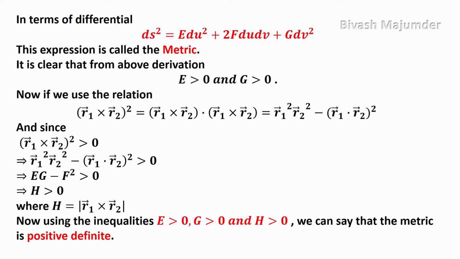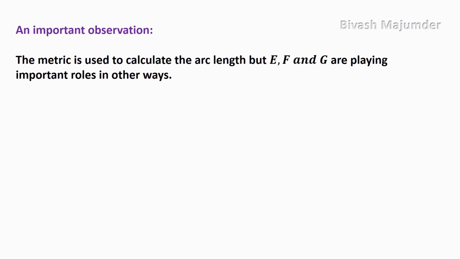Now using the above inequalities, we can say that the metric is positive definite. An important observation: the metric is used to calculate the arc length, but E, F and G play important roles in other ways.